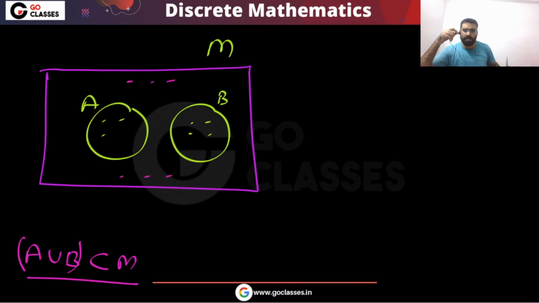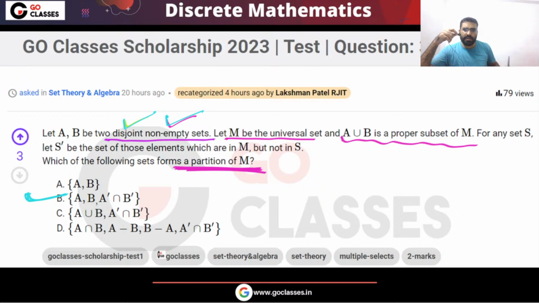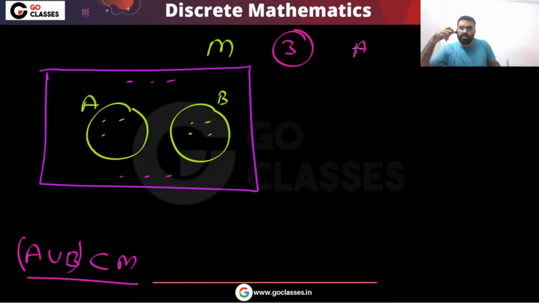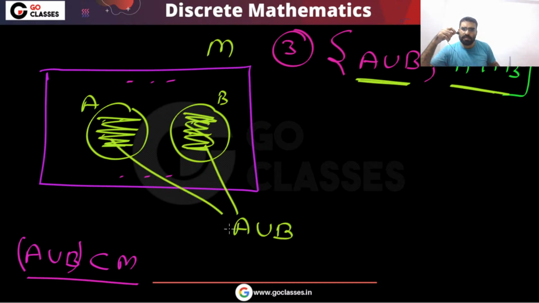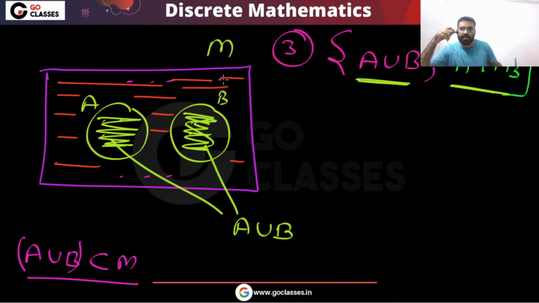What about the third one? Let's see the third option, that is A union B, and A complement and B complement. Are they disjoint? Yes, definitely, this area is A union B, and this outer area is A complement and B complement.